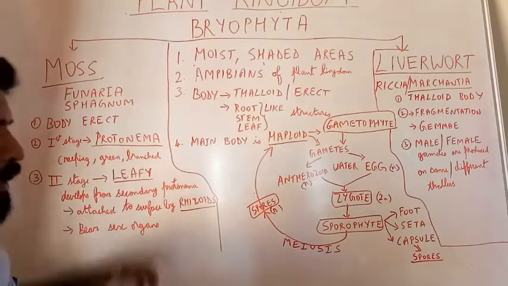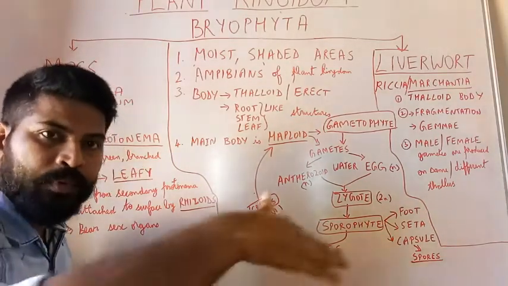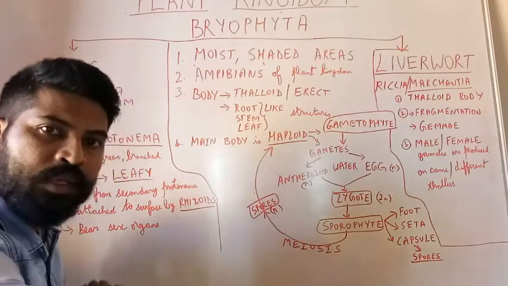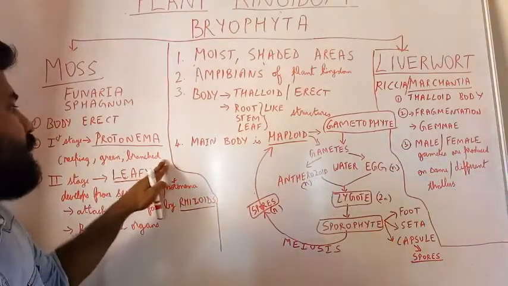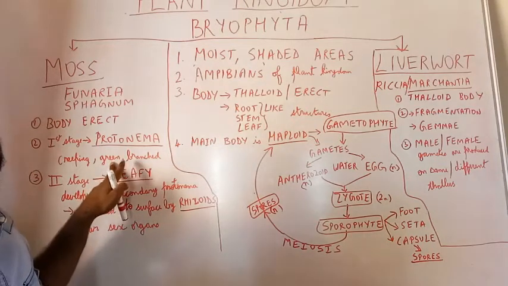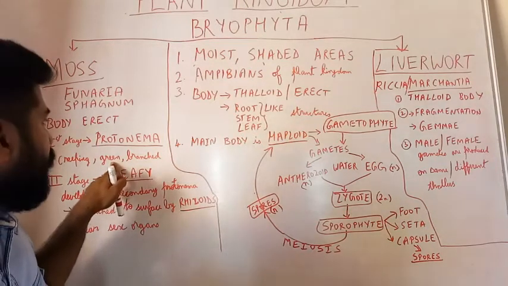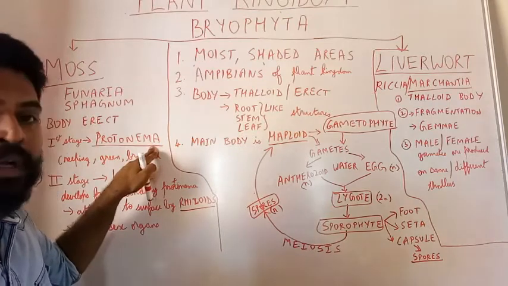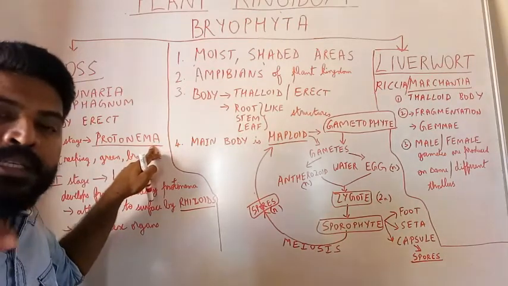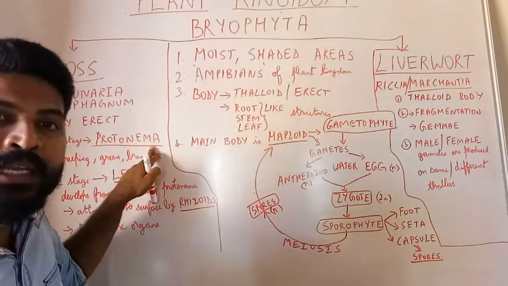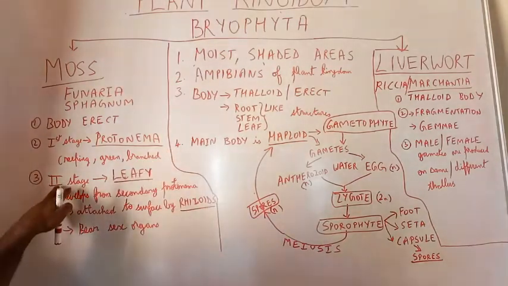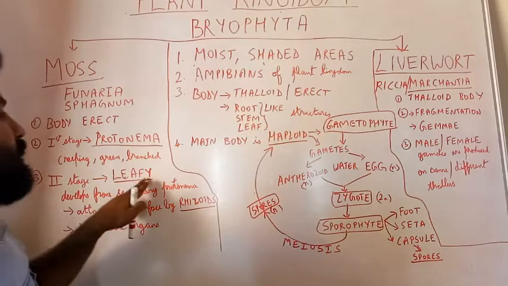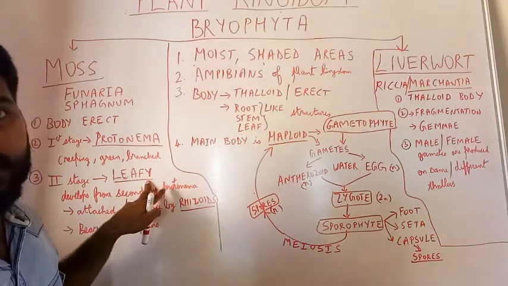These protonema are creeping. They creep or crawl on the ground, green and branched, meaning they can prepare their own food. They are photosynthetic. From the protonema, lateral appendages develop called secondary protonema. From these we get the second stage called the leafy moss stage.